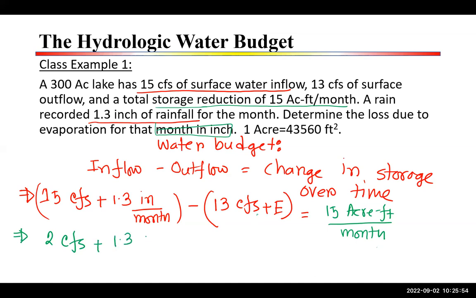Plus 1.3 inch per month, E, equals 15 acre feet per month. And since we are looking to find E, I will rearrange the equation in such a way that E is on the left side and everything else is on the right side. Okay, so let's do that.